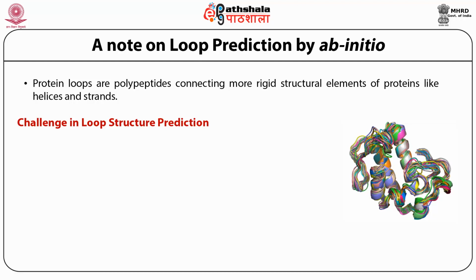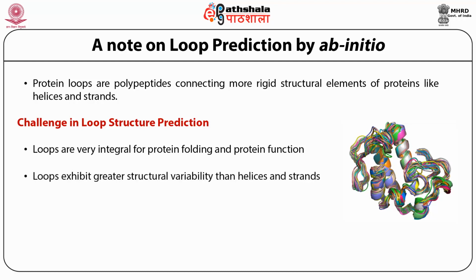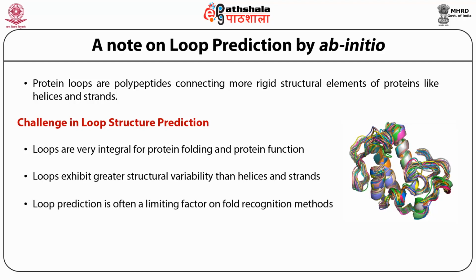It is important to bear in mind that loops are very integral for protein folding and protein function. They exhibit a greater structural variability than helices and strands. Therefore, arriving at the right conformation of the loop is often important but a limiting factor in fold recognition methods.